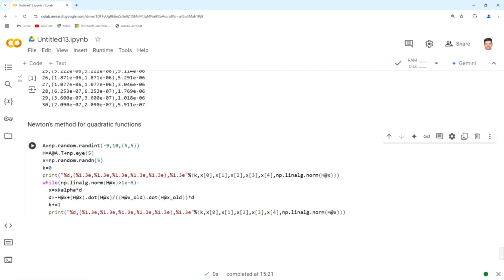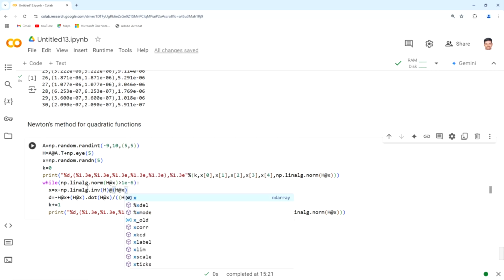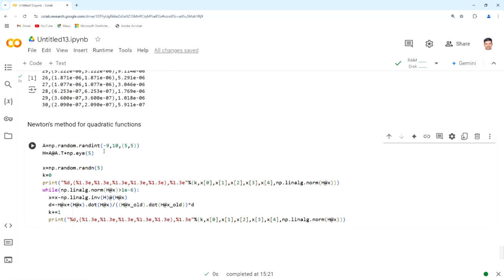So you just modify this as minus np dot linalg dot inv of H at, and grad of x is actually H x. In fact, I could add b also, so b is again np dot random of 5.